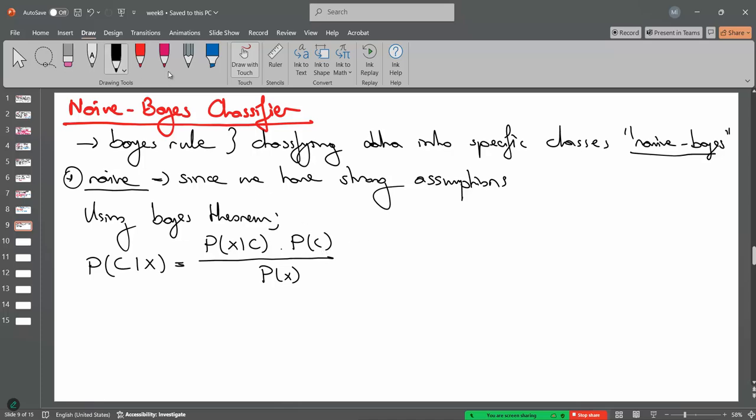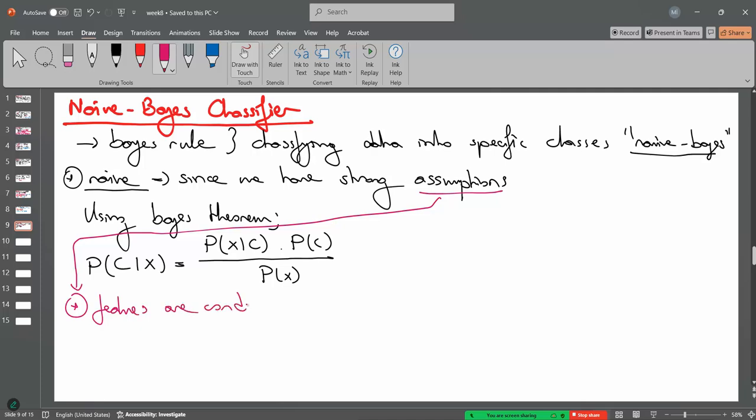And then we should write the assumptions. The features are conditionally independent for a given class, which means you can say that either C1 possesses this x or C2.